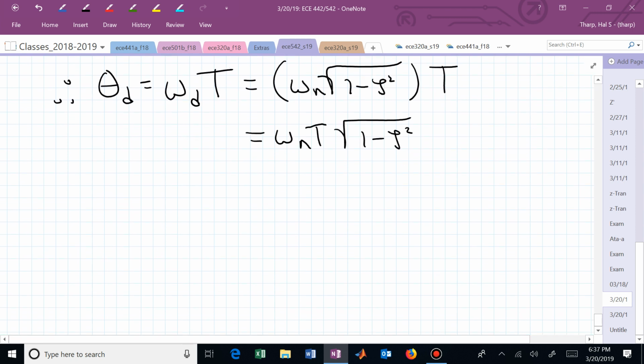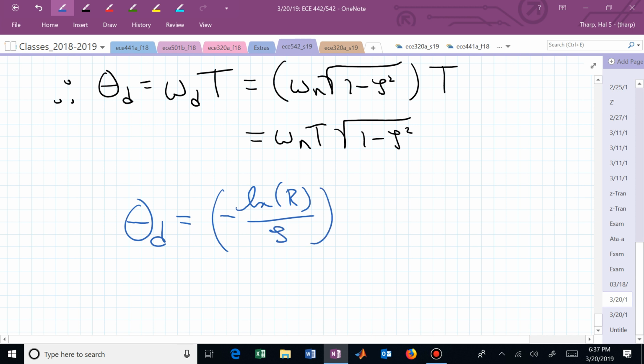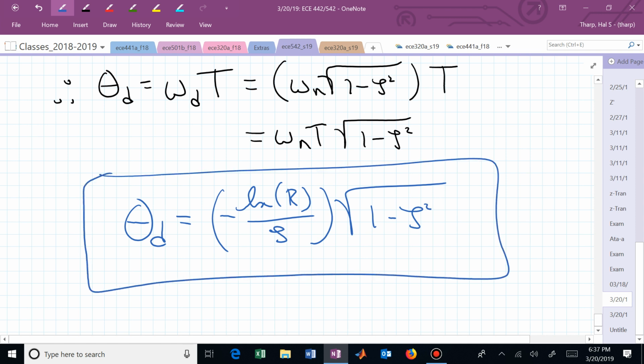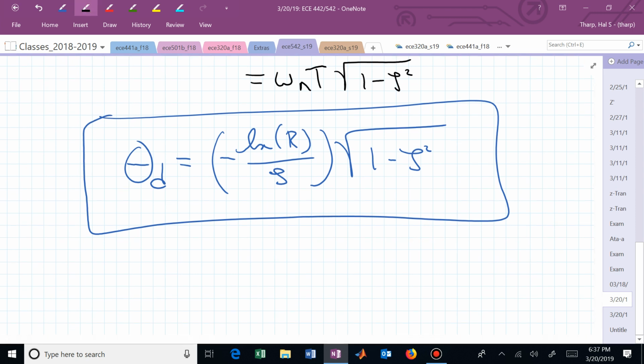Once somebody gives you those two specifications, you can say theta sub d is actually minus natural log of r over zeta, that's omega sub n t, times the square root of 1 minus zeta squared. And we now have our location analytically in the complex z-plane.